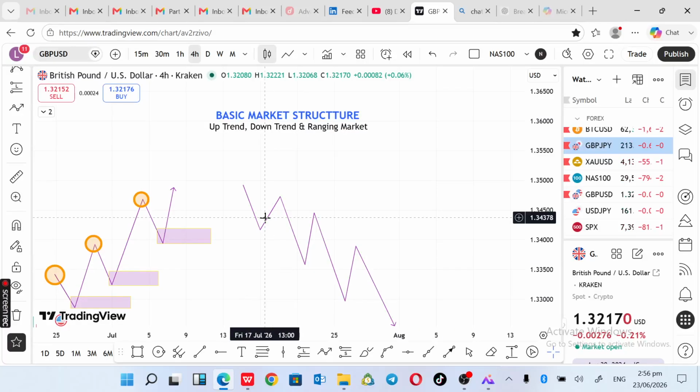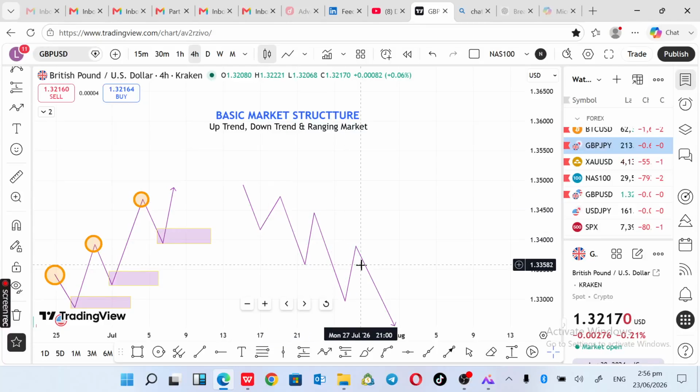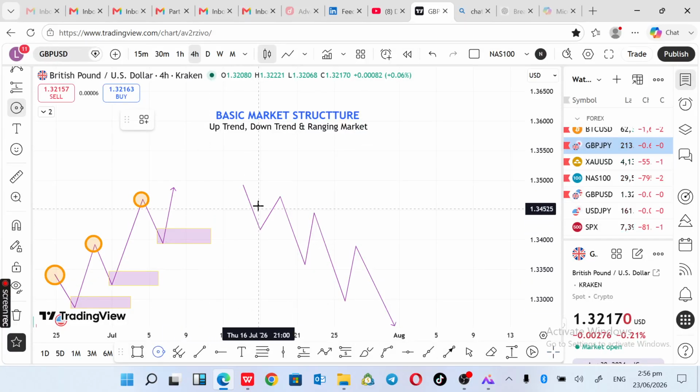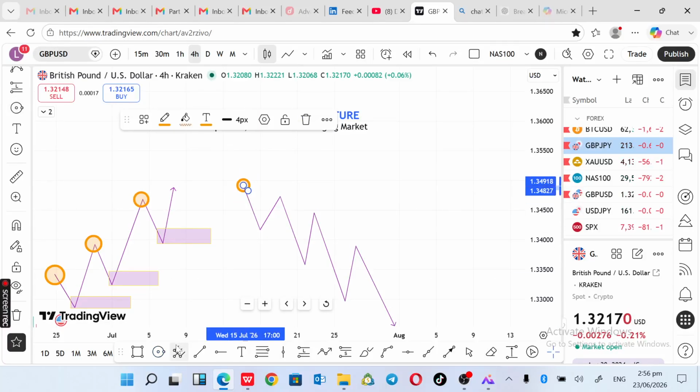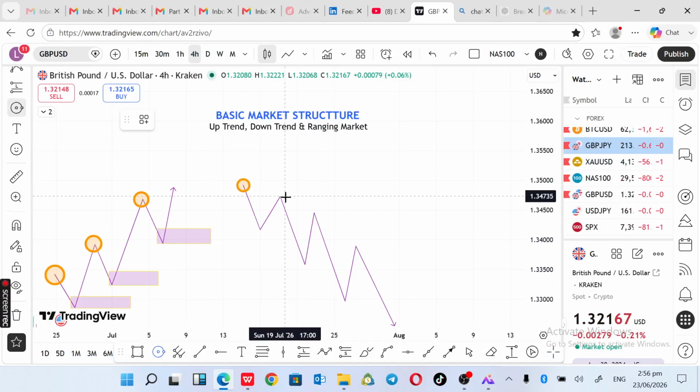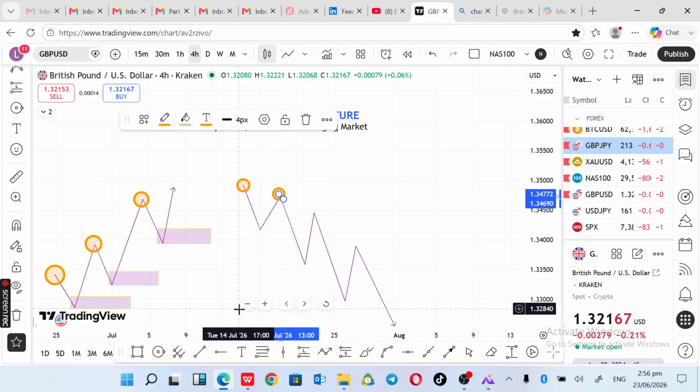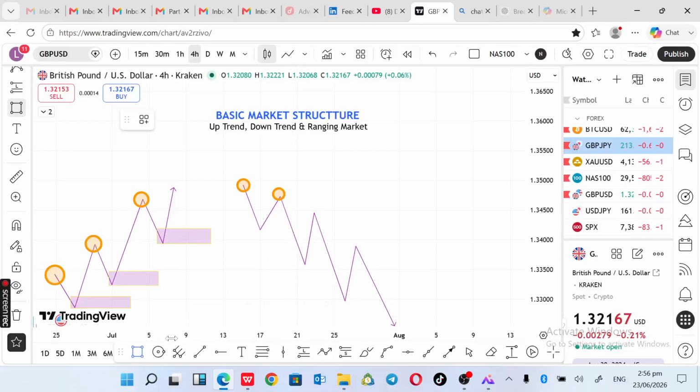The reason is because the market is selling. So everything the market creates will be pushing down. Every new high it creates will be lower than the previous high. Look at this high now, it is lower than this. Now it created a new high here.